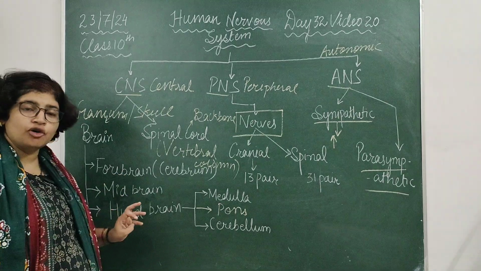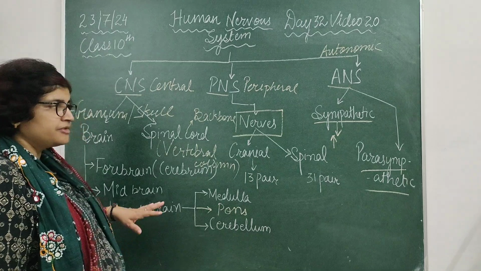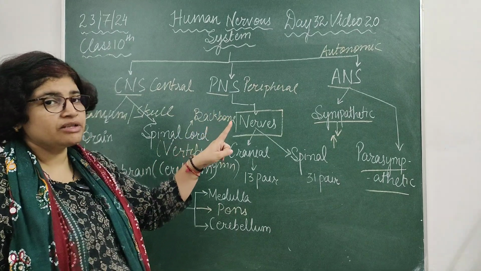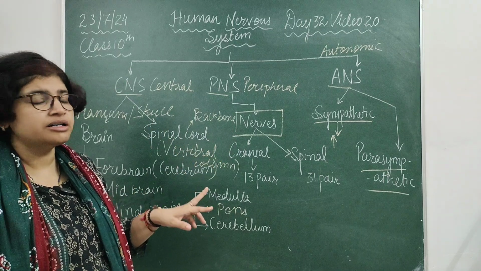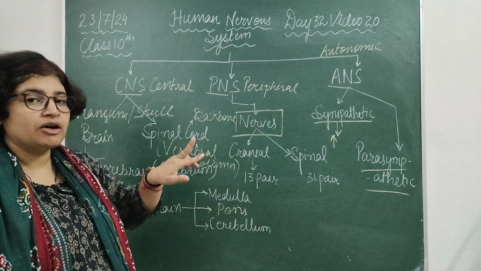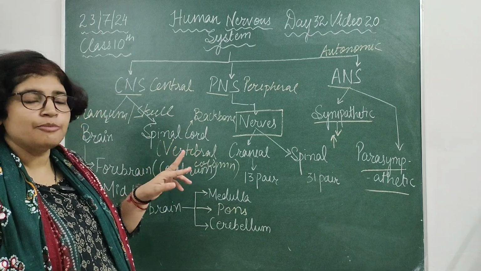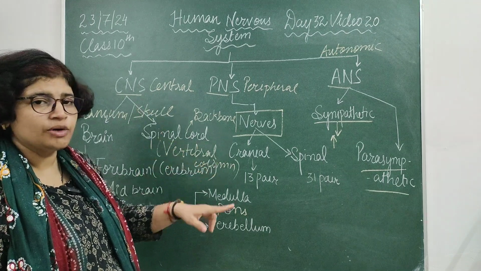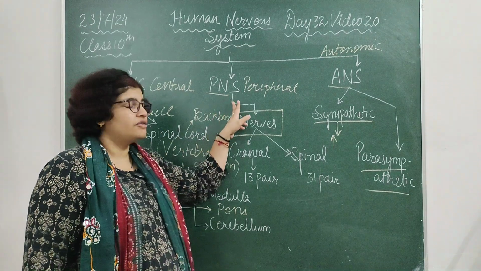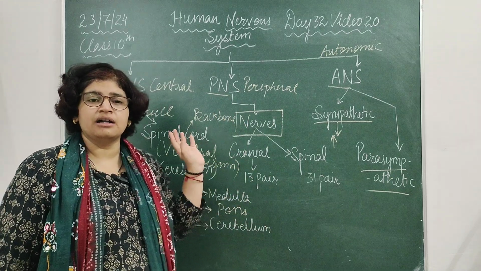Hindbrain will control every kind of your body action. Autonomic nervous system is related to your emergency situations which will target your heart. Both the parts of autonomic nervous system have actions opposite to each other. If one is increasing the heart rate, the other one will lower it down to the normal. Fine. So this is all about human nervous system according to your NCERT syllabus.